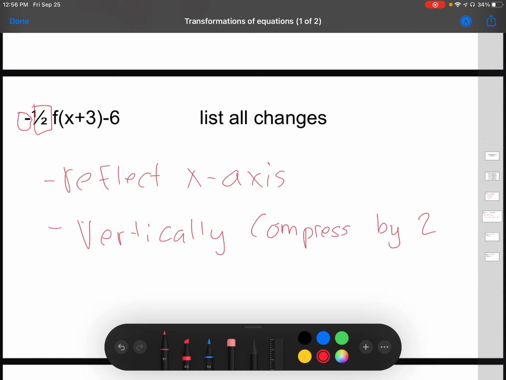Vertical compression by 2. Now notice how we said by 2 and not by half. When you vertically compress, you just say by 2, or if it's 1/3, you say by 3. The plus 3 here would go left 3, and the minus 6 on the back is going to go down 6.